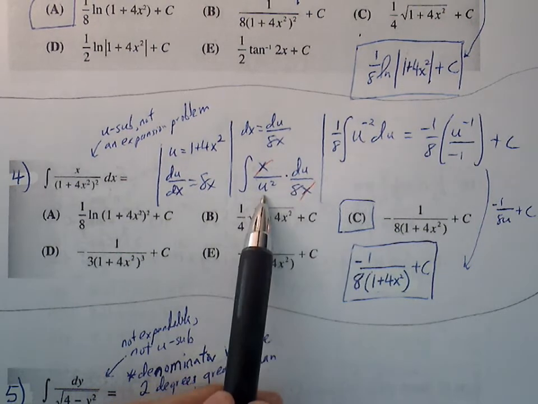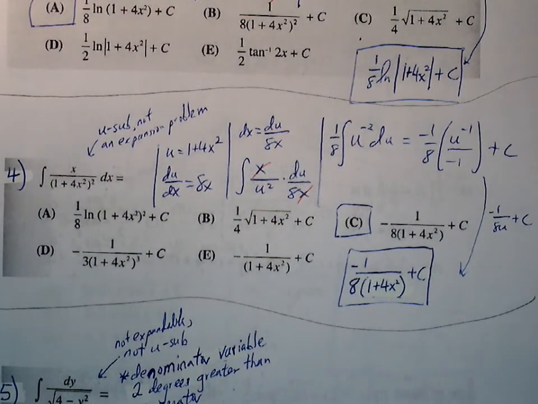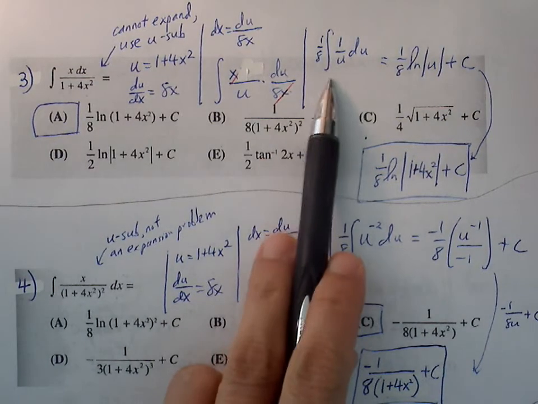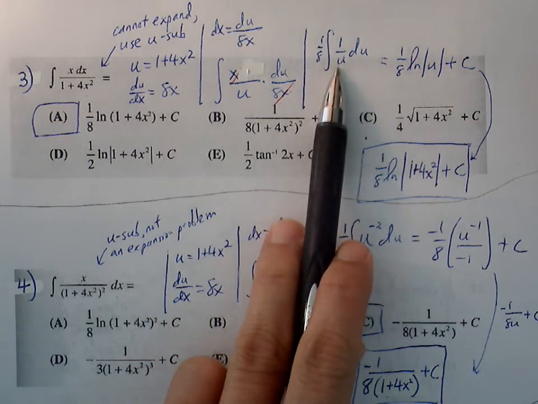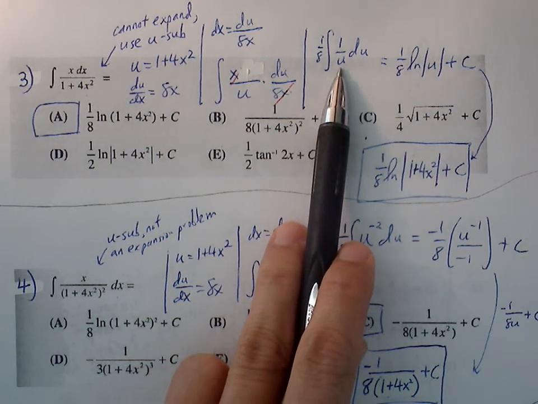But notice how this looks a little bit different than number 3. The rule that we're going to apply is not going to be the same rule. So if you look at number 3, we're left with u to the first power in the denominator. Now this is the only time that you're not going to physically bring that u up to the top.